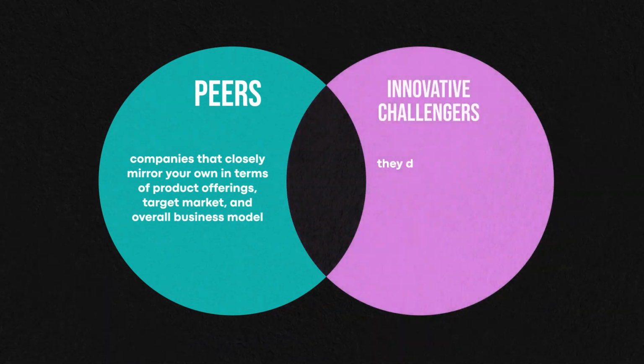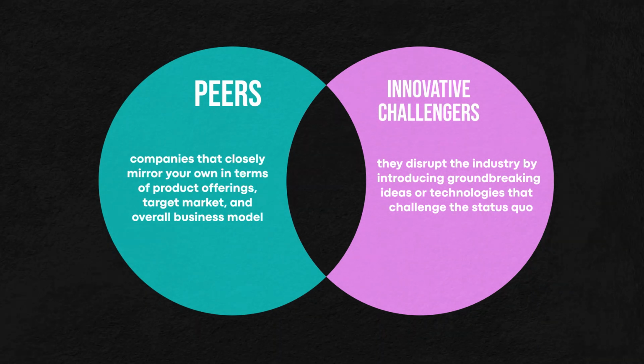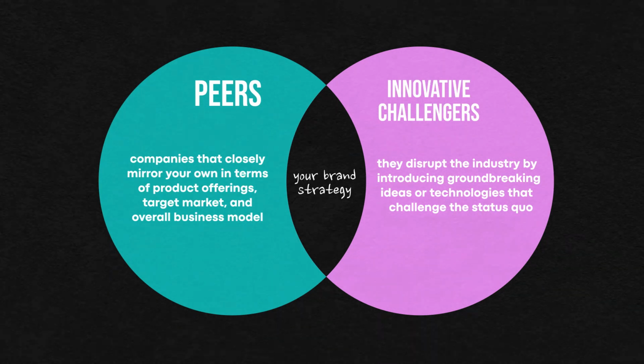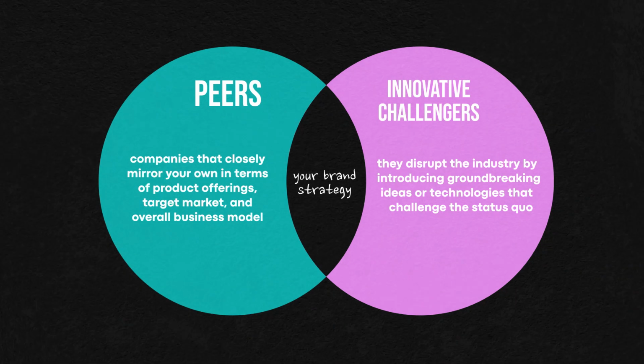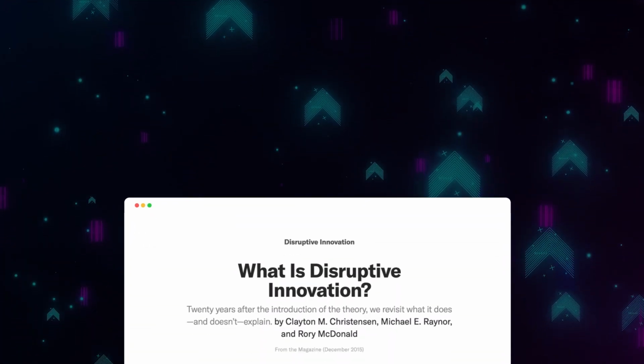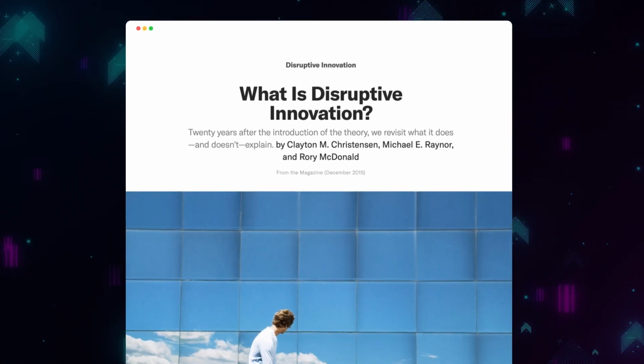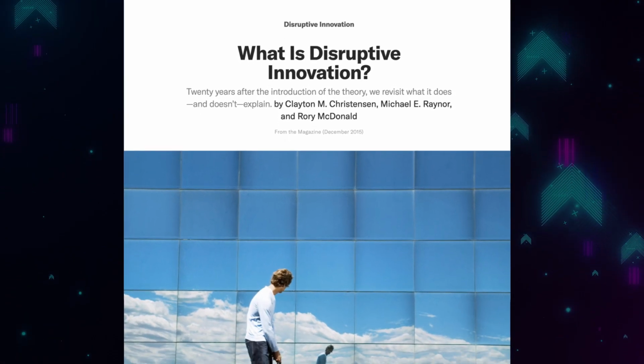And then you also have these innovative challengers that may actually not be good at something that you're incredible at, but there are certain things that they're very good at doing that are valuable to a certain subset of customers. So that's the idea of innovative disruption, which you can read about, of course, in HBR and other things with Clayton Christensen and other incredible academics and authors.